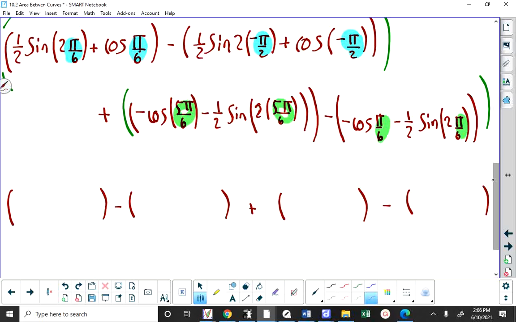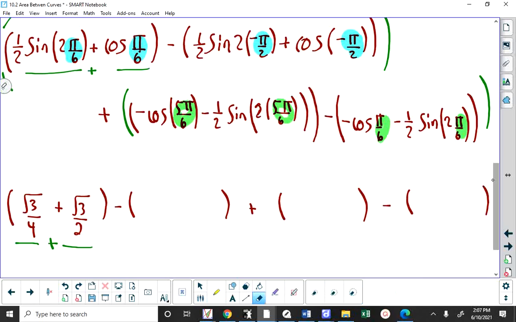Sine of pi over 3 is root 3 over 2 times 1/2, root 3 over 4. Plus cos of pi over 6, root 3 over 2. I'm going to pause here and ask you to confirm that these two things are in fact these two things.